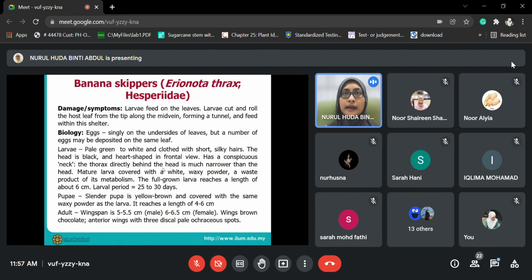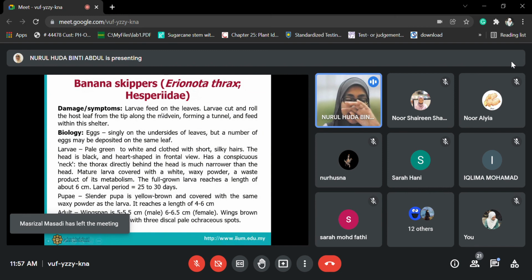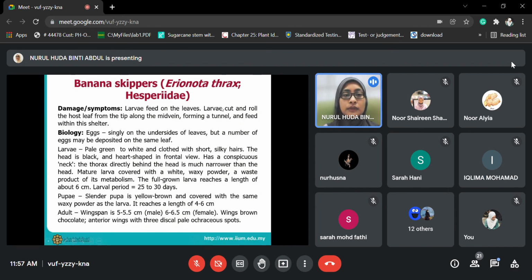It's just that the habit is more like jumping dari one part to another part. Okay, so the leaf here, when we are talking about banana, this pest actually feed on the leaf. Okay, they will cut the leaf and then roll the leaf, part tu akan jadi macam gulung. Later we will see the picture.